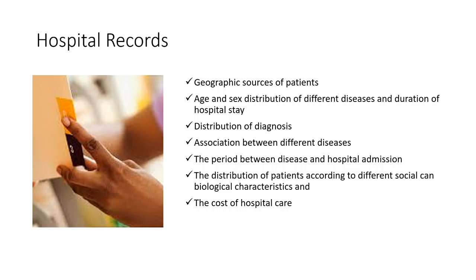It can be used for the geographic sources of patients, the age and sex distribution of different diseases, duration of hospital stay, distribution of diagnosis, association between different diseases, the period between disease and hospital admission, the distribution of patients according to different social and biological characteristics, the cost of hospital care, etc.